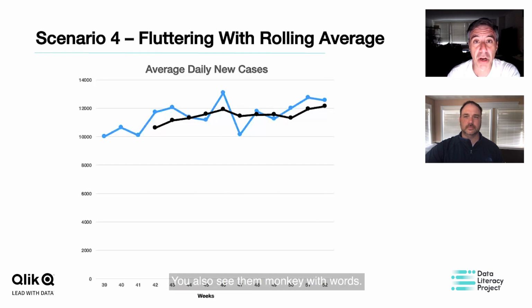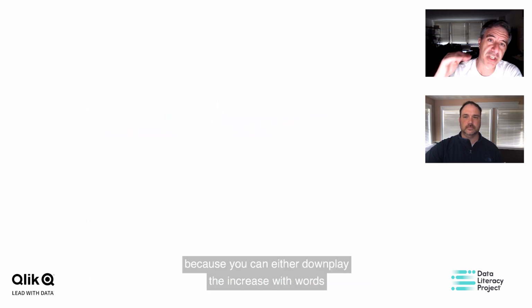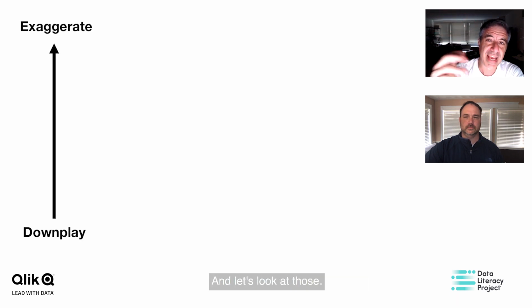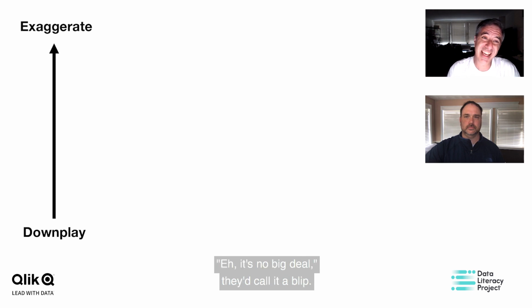You also see them monkey with words. And that's what I was getting at earlier. The words we use to describe increases make all the difference because you can either downplay the increase with words or you can exaggerate them with words. And let's look at those. If someone wanted to look at an increase and say, it's no big deal, they'd call it a blip.